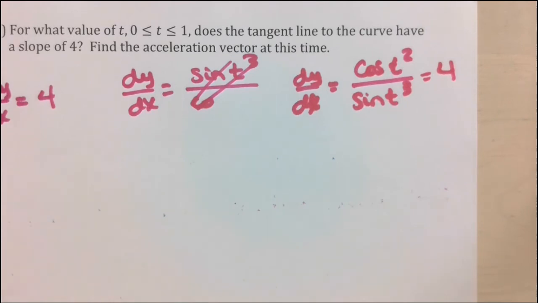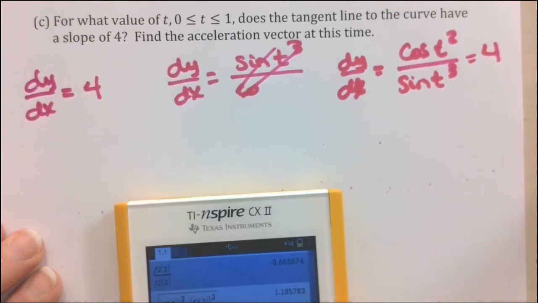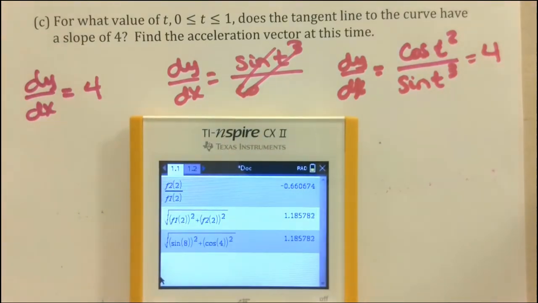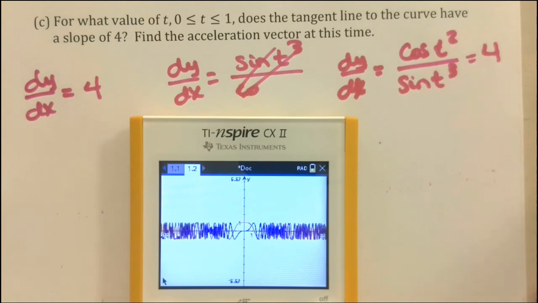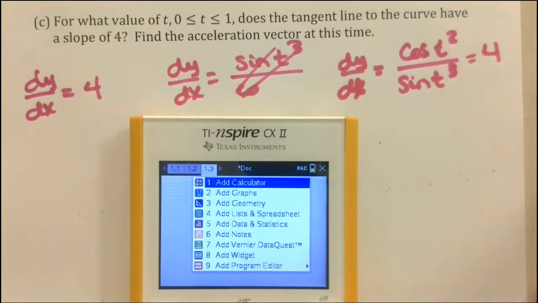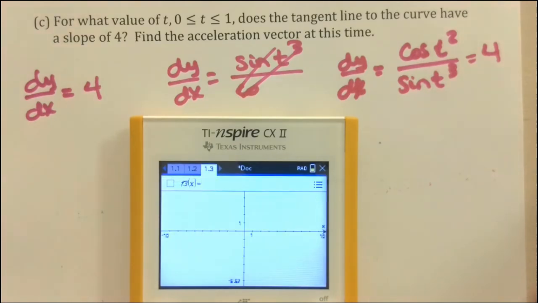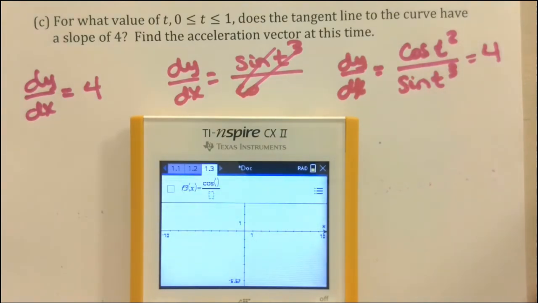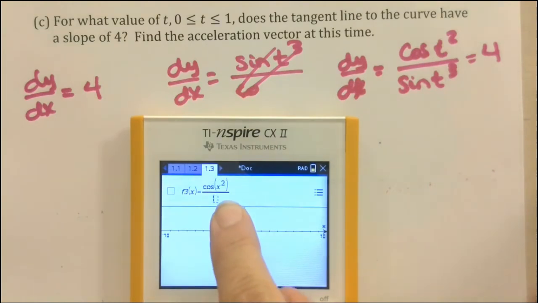Now, this is a calculator question, so we can solve this equation on our calculator. I generally prefer to do that on the graph page. I'm going to do a new page, a new graph, a clear graph, and I'll type in my slope, which is cosine of x squared over sine of x cubed. Or remember, I do have this saved in F2.